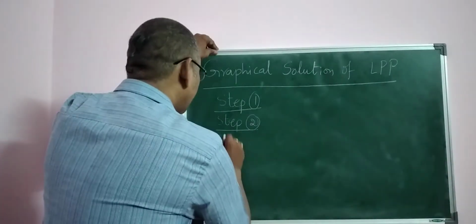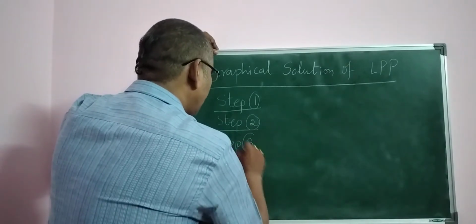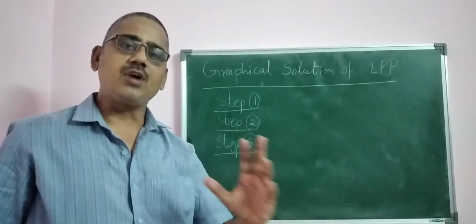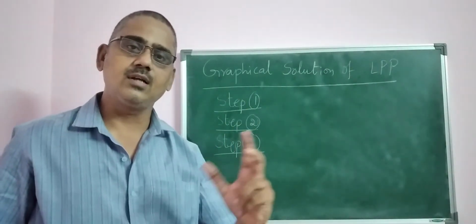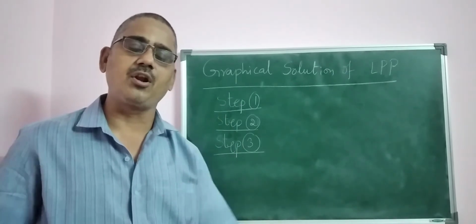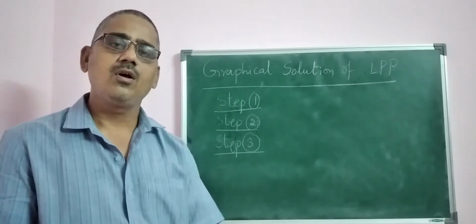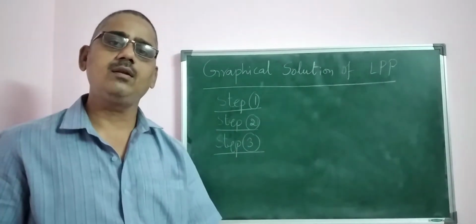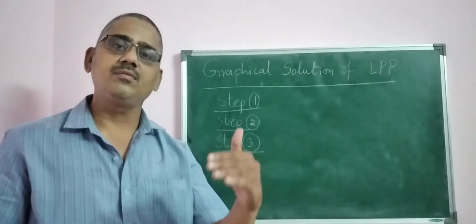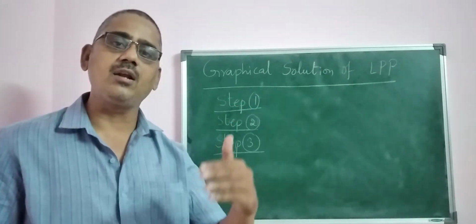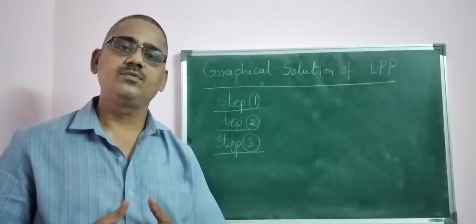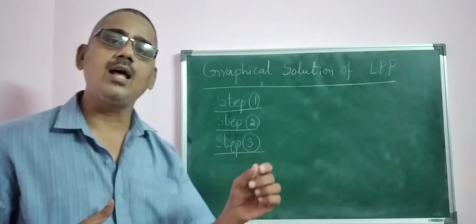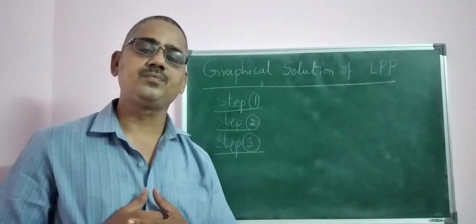What is step 3? Now you consider the sign of the constraint, less than or equal to, greater than or equal to. If the constraint is less than or equal to, then shade the region below the line in the first quadrant, since x1, x2 are greater than or equal to 0.